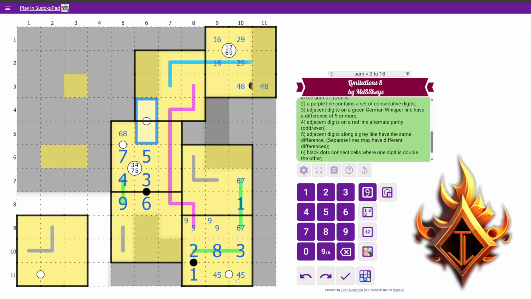Well, the ones left are 1, 2, 3, 6, 8, 9. And that is it.